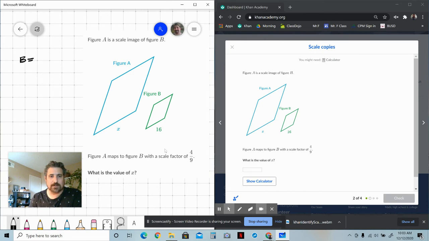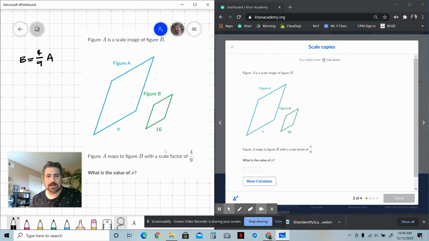That B is equal to 4/9 of A, right? The figure A maps to figure B with a scale factor of 4/9. Obviously, the larger one has to be multiplied by something that's less than 1 as a scale factor to get the smaller one, right? Because we're reducing in size. So we know that this 4/9 multiplier goes from A to B, not the other way around. So now we know B is equal to 4/9 of A.